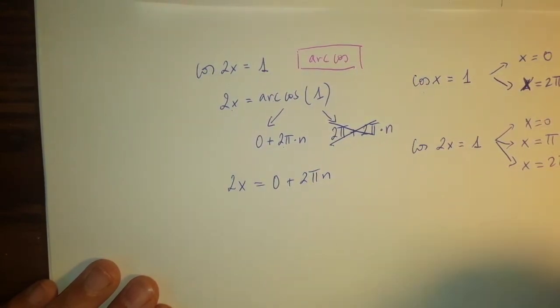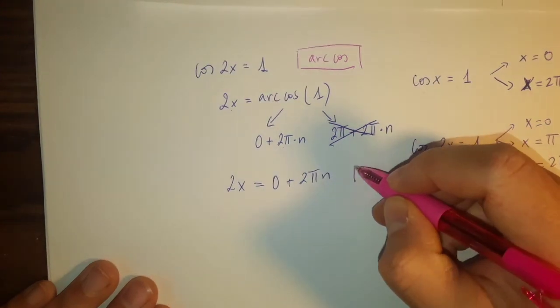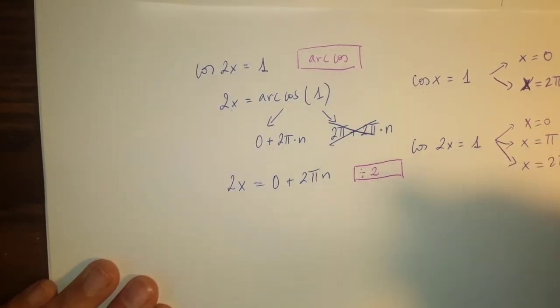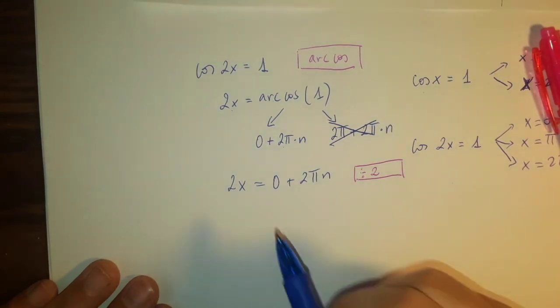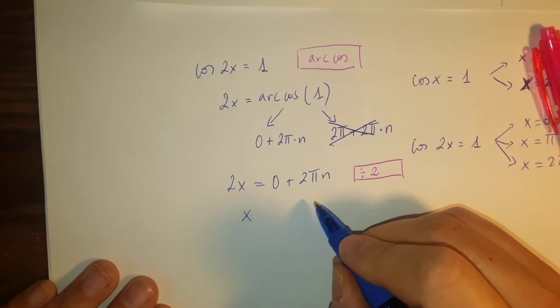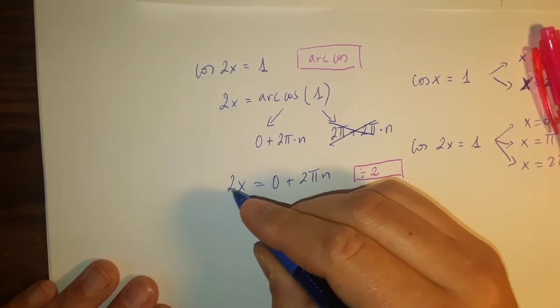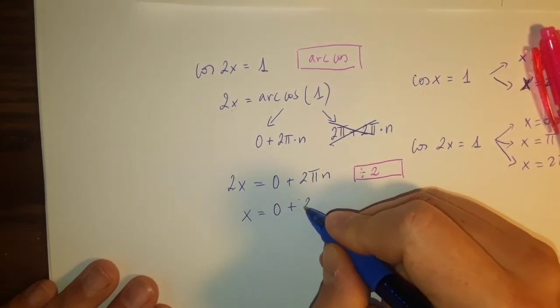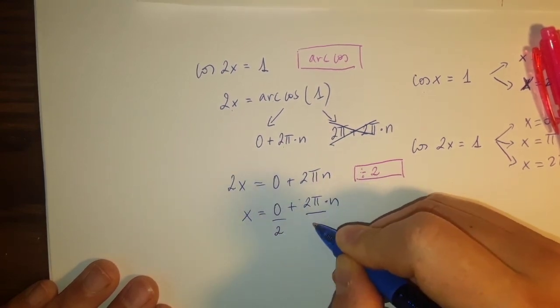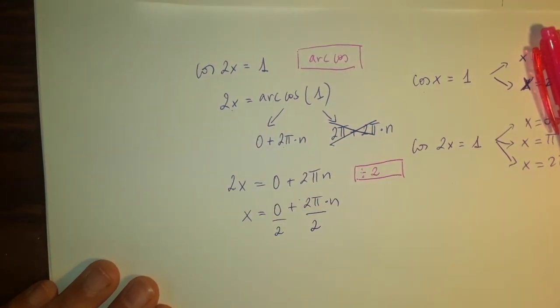Well, the last step is to divide both sides by 2. If I divide both sides by 2, this 2 is going to cancel out, and I have to divide by 2 on the other side. So over 2 and over 2. That's what it is.